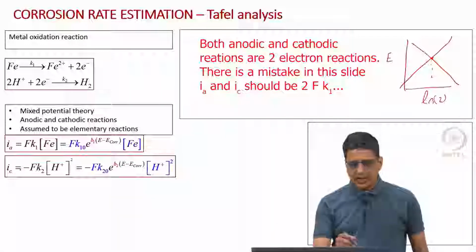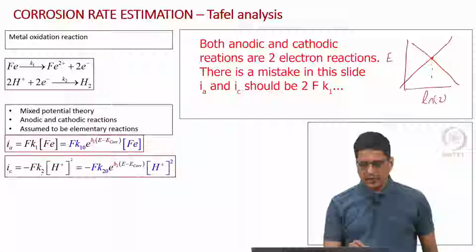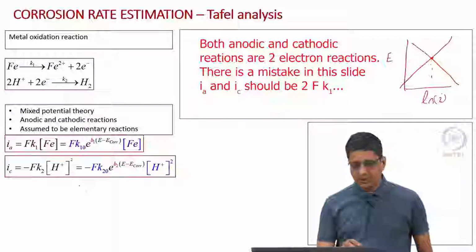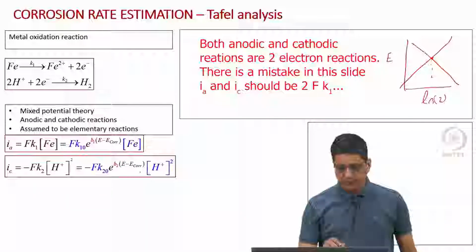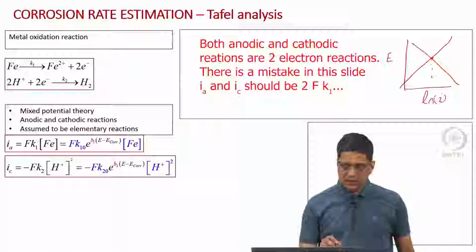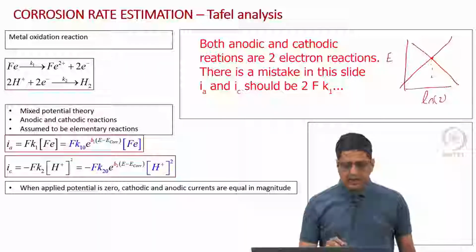And the cathodic reaction we will write as F K2 times H plus squared, because it is a second order reaction, with a negative sign of course, and again we can expand the K2 and keep the concentration. If you assume the concentration of H plus is fixed, it is possible to write this in a simpler form.